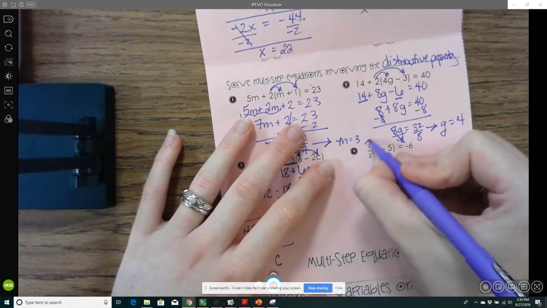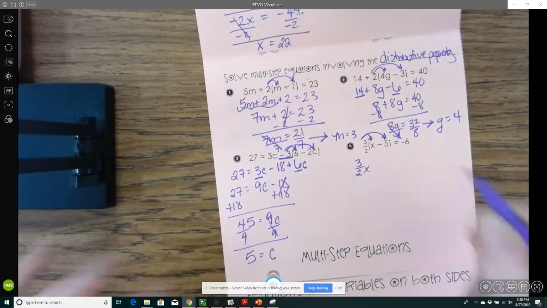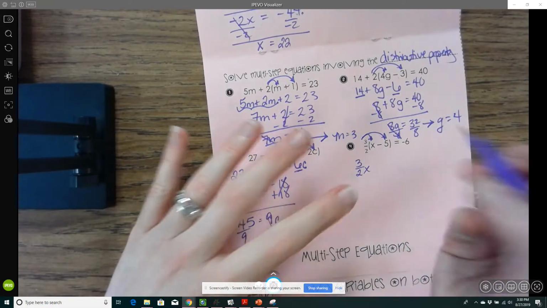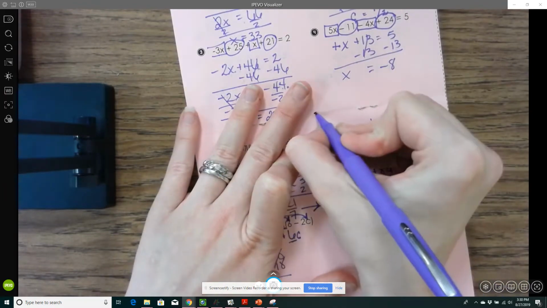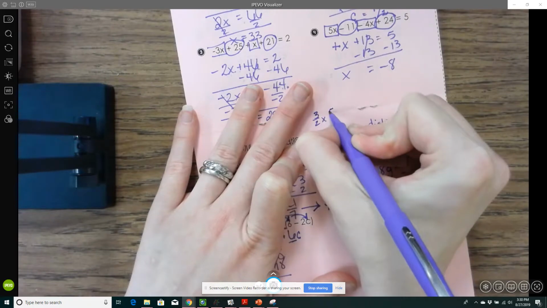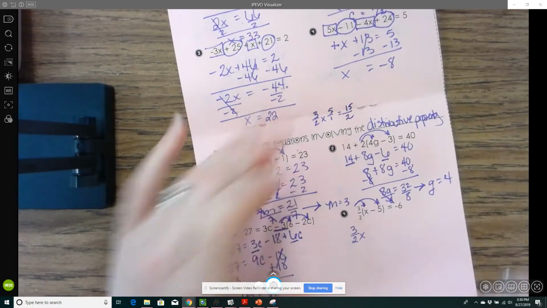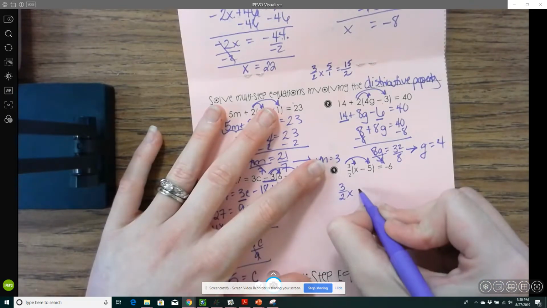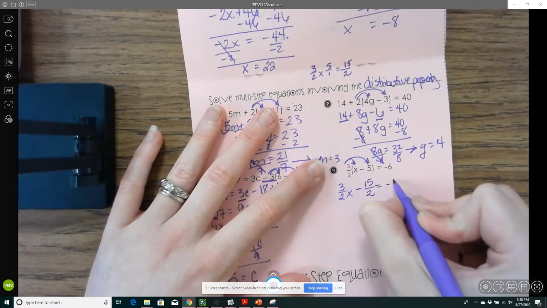And then finally, now we got a fraction to deal with. So 3/2 x, and then 3/2 times 5 is going to give me something wonky. So if I do 3/2 times 5, it's the same as 3/2 times 5/1, and that would give me 15/2. So you just multiply the top number. So I would have minus 15/2 equals a -6.